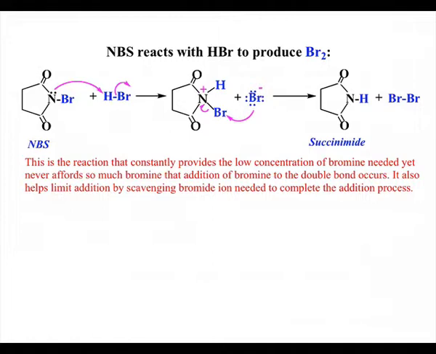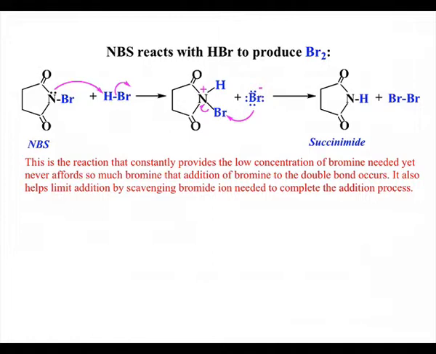Bromide is a good what? Nucleophile. So you have the bromide nucleophilically attacking the bromine, and the nitrogen that's positively charged leaves, and you end up with what's known as succinimide plus molecular bromine. That's how we get the molecular bromine out of this reaction. And that step is slow, and that's how we end up keeping the bromine concentration extremely low.